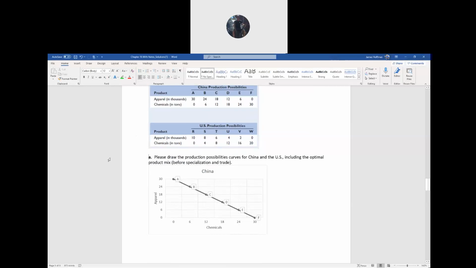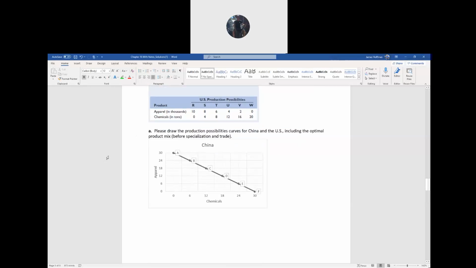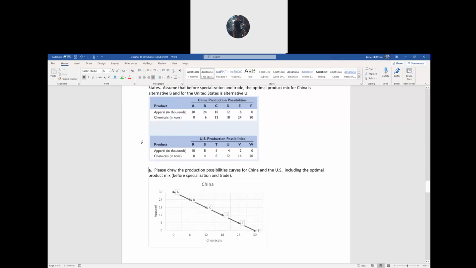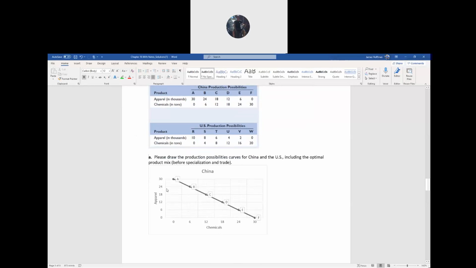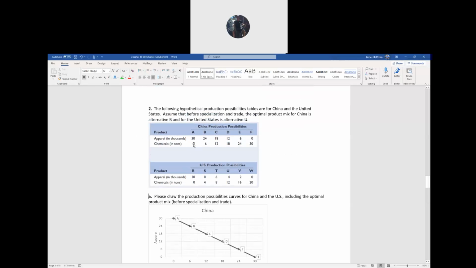So part A is easy. Just draw the production possibilities curves for China and the US. All you're doing is plotting the points, or even easier than that, the best thing to do, I think, is just put the two extremes.